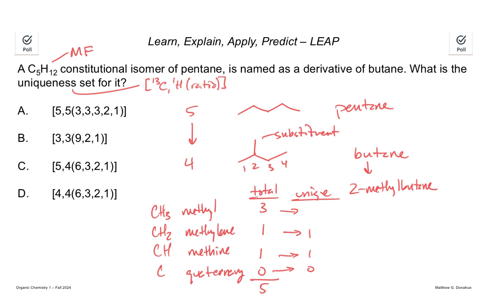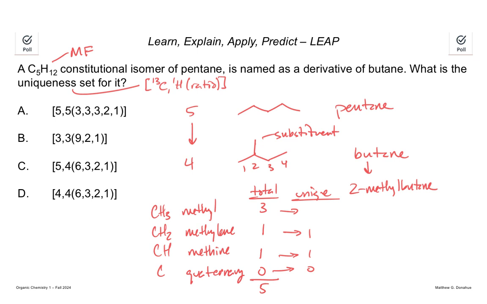So methyl, methyl, and methyl. So should that number stay as 3? Basically, it can't go higher. It has to either stay the same or get reduced. Should it stay at 3? No. Should it be reduced? Reduced to what? To 2.